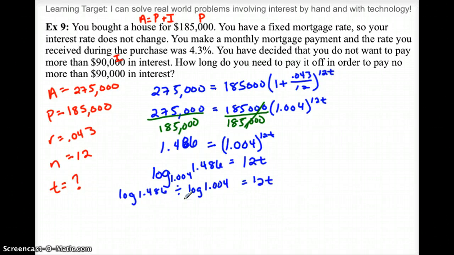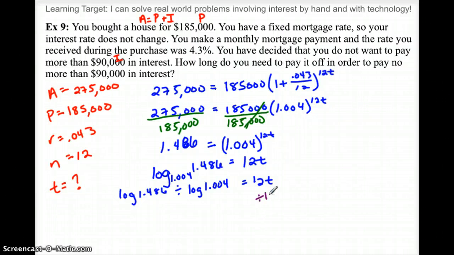So let me type this in my calculator, log 1.486. Be careful, if your calculator pops up a parenthesis, make sure you end it before your division. Log 1.004 equals. Keep that number on your screen and just think about, how could I get t by itself?